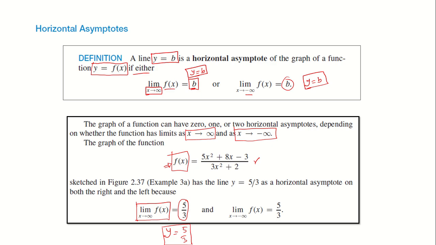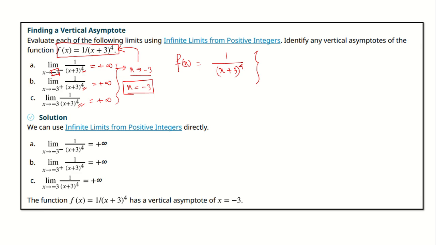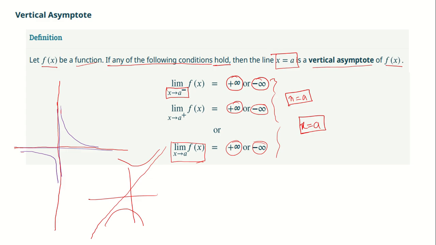So we have learned here two processes to find the asymptotes. First one is for vertical asymptotes and second one is horizontal asymptotes. For vertical asymptotes, here we have to satisfy any of the following conditions, right?